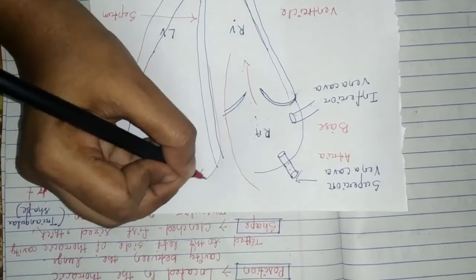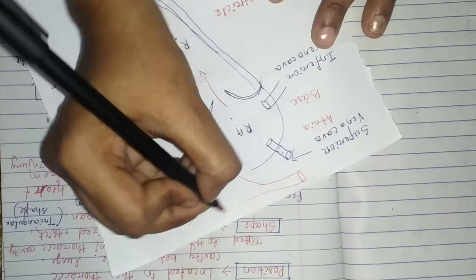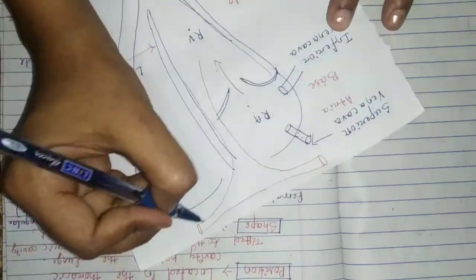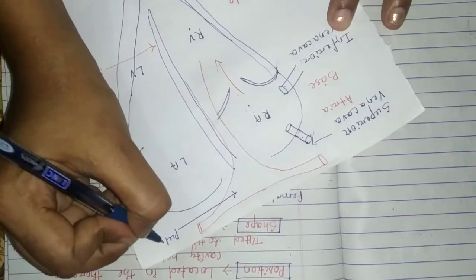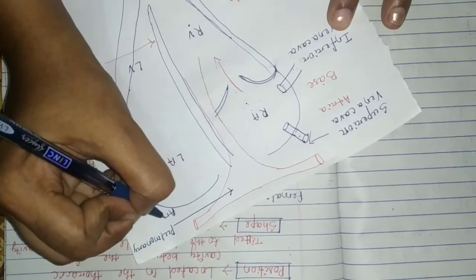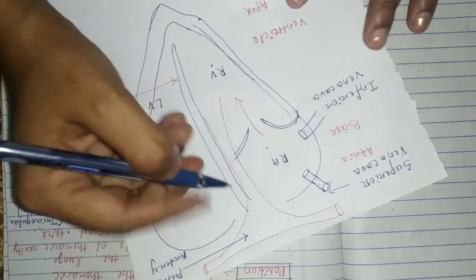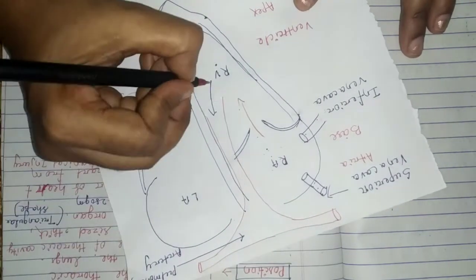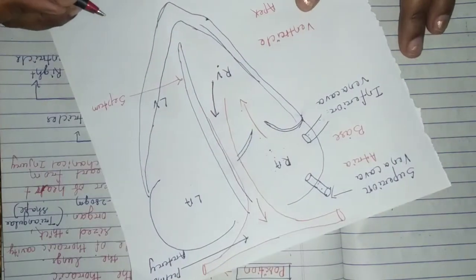Through this blood vessel it goes to both lungs, and this blood vessel is known as the pulmonary artery. The pulmonary artery carries the deoxygenated blood from the right ventricle to the lungs.